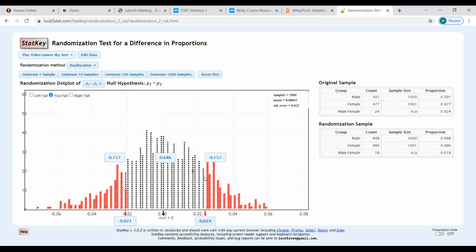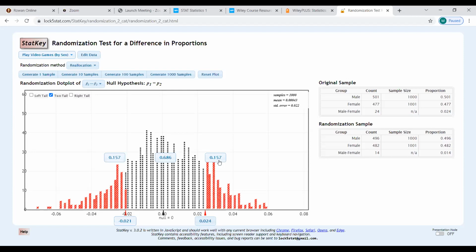When we say 0.024 or more extreme, we're really saying the absolute value of 0.024 or more extreme. But for those of you who are not mathematically inclined to think like that, when StatKey comes up with 0.157 and the number's the same on the left, you simply add these two numbers or just multiply 0.157 times 2.